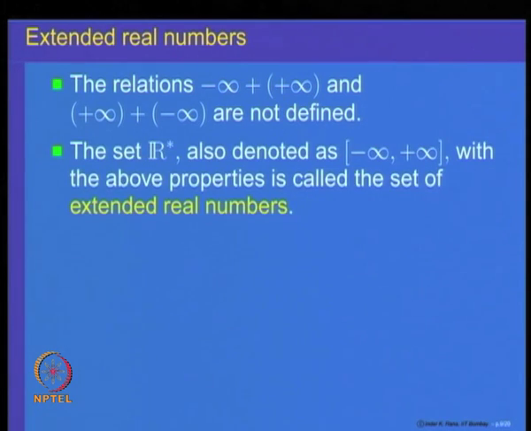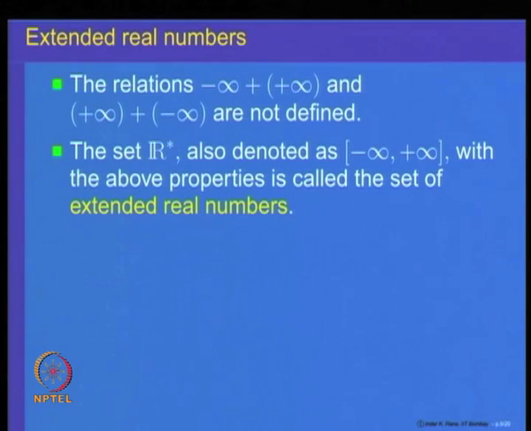So, with these rules we get the set R star of extended real numbers, which is also denoted by square bracket minus infinity comma plus infinity square bracket. That is essentially like saying the real numbers are denoted by the open interval minus infinity to plus infinity. If you close it on both sides, that is the notation used for extended real numbers.